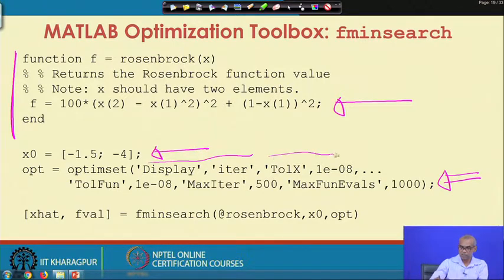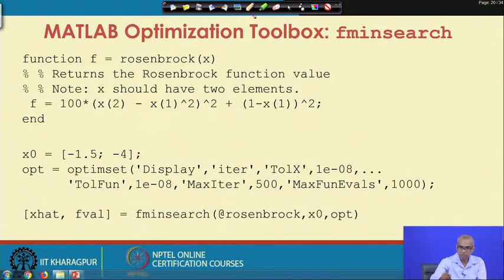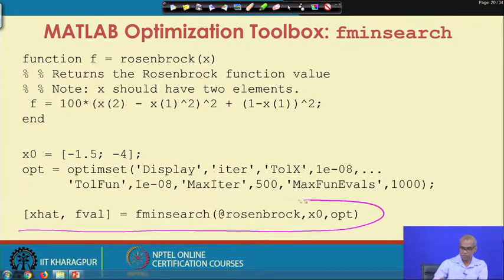X tolerance is 10 to the power minus 8, function tolerance 10 to the power minus 8, maximum iterations 500, maximum function evaluations 1000. So, once these are defined in the options, we call fminsearch using this syntax.